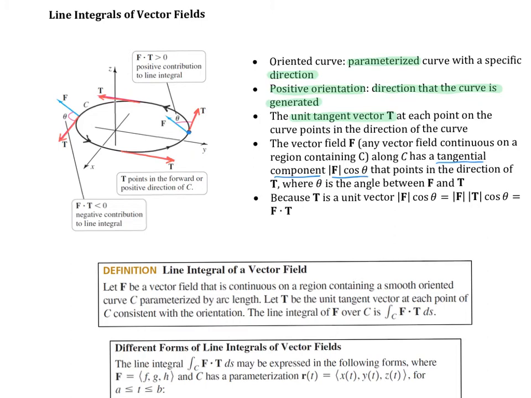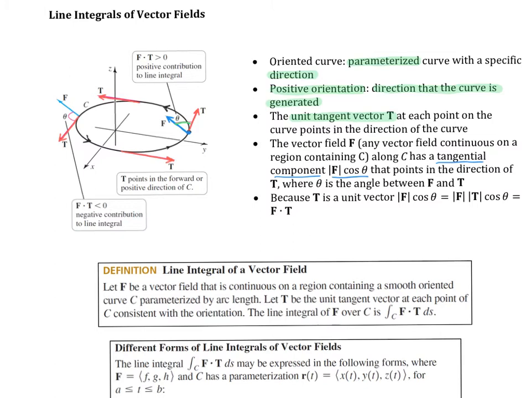That would be defined as the magnitude of the vector at that point times cosine of theta, where theta is the angle between the tangent vector to the curve and that vector from our vector field.